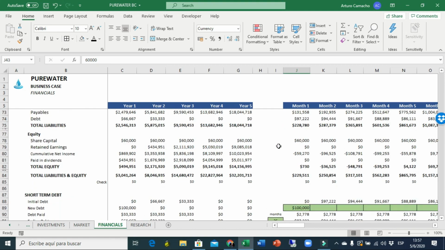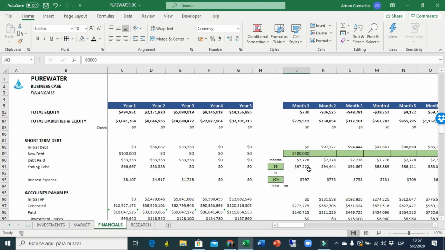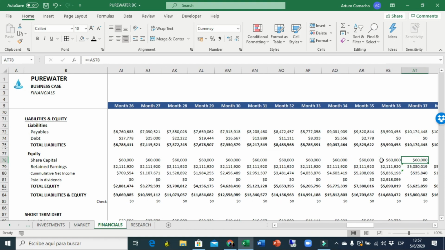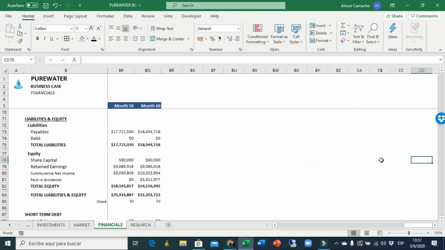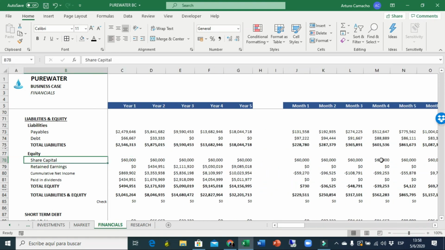Okay, so that $60,000 I put as an example, but of course to obtain the positive cash flow, I think you remember that, is this one over here. And that is pretty constant. As you see, all the other 60 months it is the same.